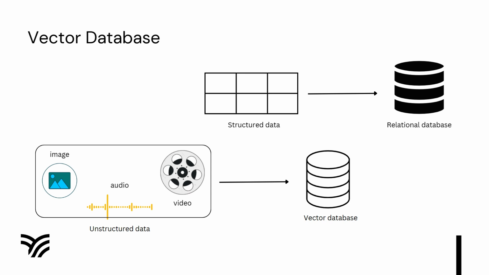By unstructured data, I mean images, audio, and video. If you look at images, they have different formats like JPG, PNG, and GIF. Similarly, audio has different codecs like MP3 and WAV, and similarly for videos.